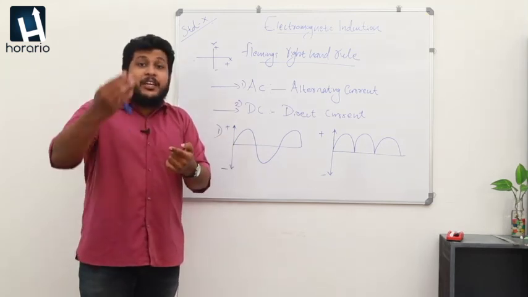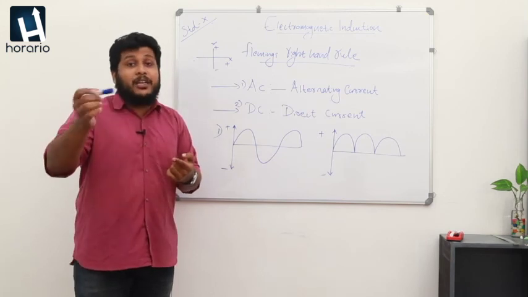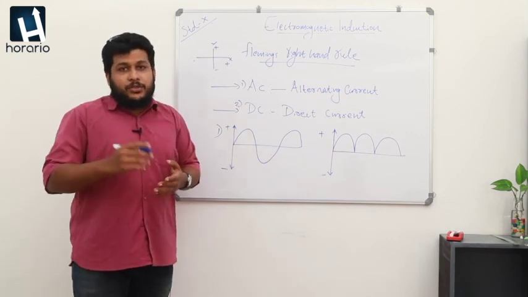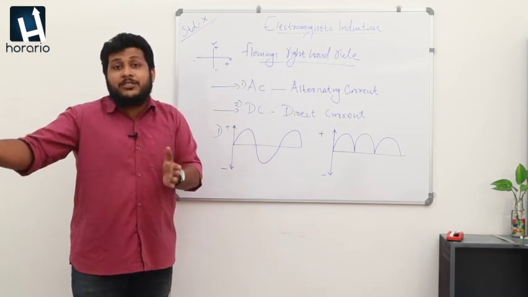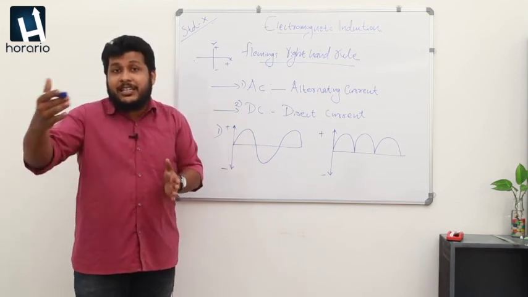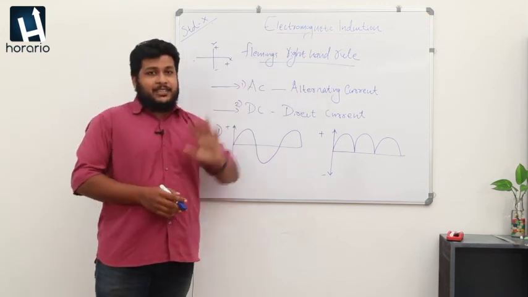Like that, if the induced voltage is produced, we call it EMF, electromotive force. So the change in flux linking with a solenoid resulting in the production of electrical voltage can be termed as electromagnetic induction.